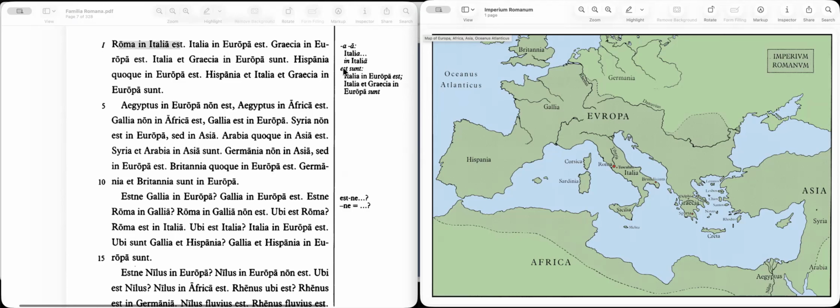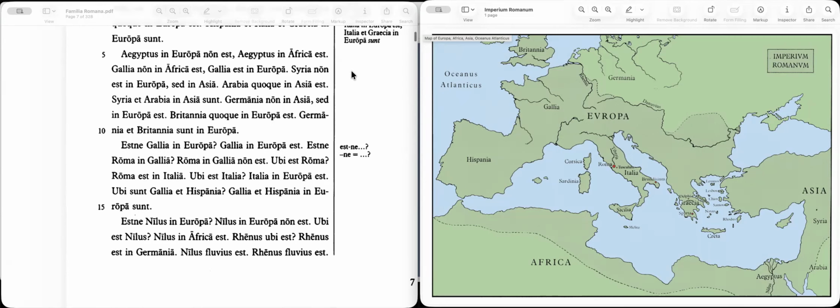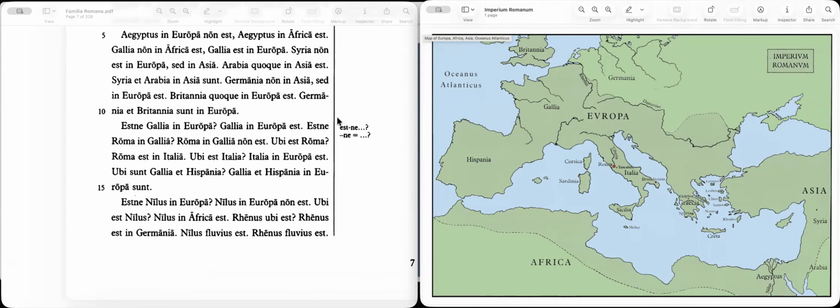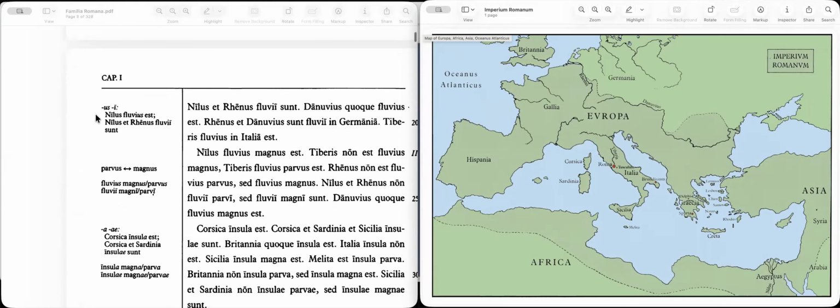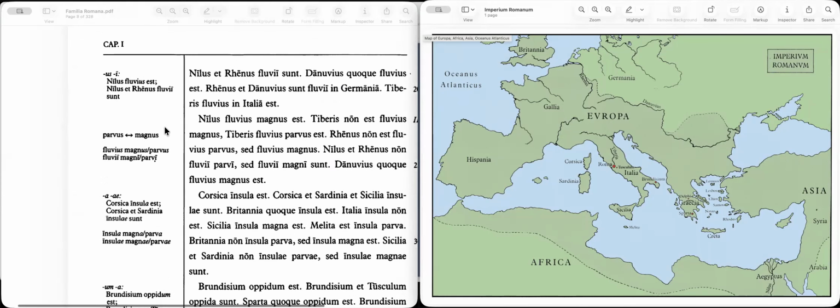It talks about est and sunt: Italia in Europa est, Italia et Graecia in Europa sunt. So est is "is" and sunt is "are," basically. This is how we ask questions. I'll get to that section in a minute.